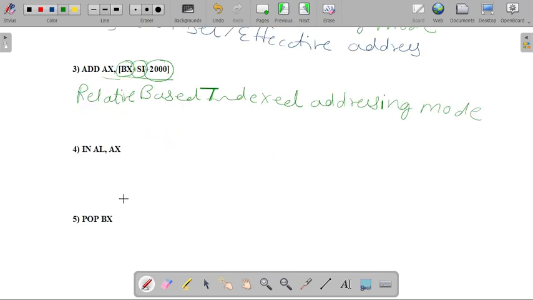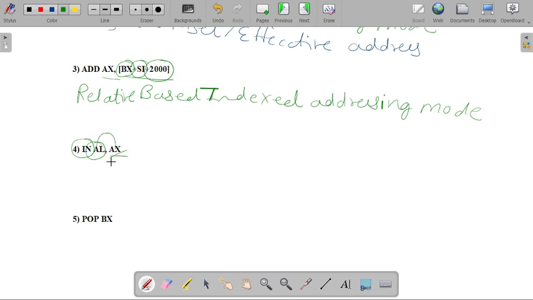Now the next question is IN, that is the input output addressing mode. So there are two types of addressing mode. First of all, memory addressing mode, and the second one is input output addressing mode. And here we are using the AL register and the AX register. So the contents of the AX register will be loaded into our AL register.